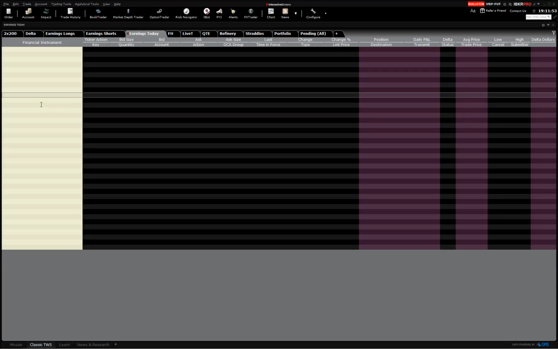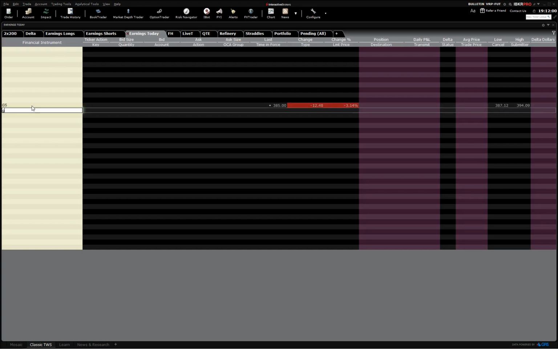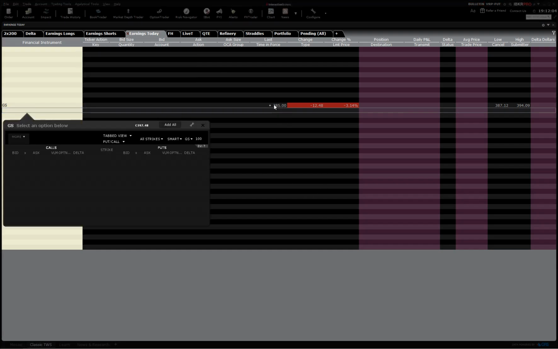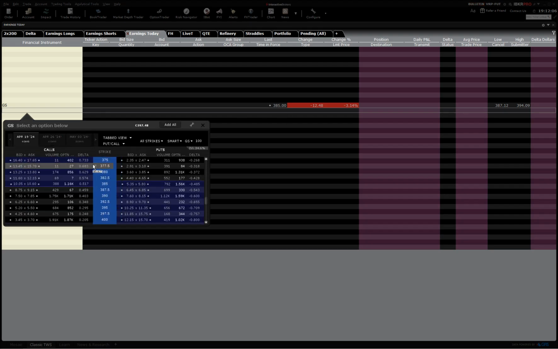So here is the Interactive Broker screen, and you can see that's Goldman stock. And that 385 is some sort of after hours print, and we're not interested in that.